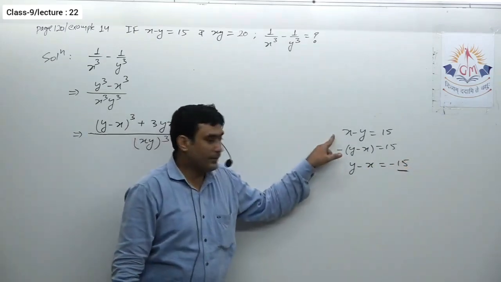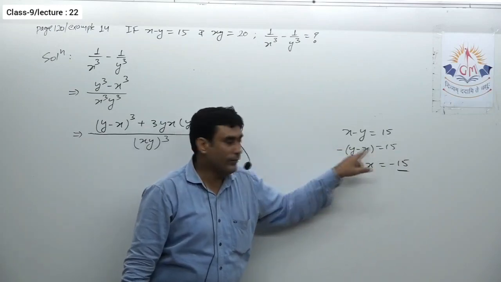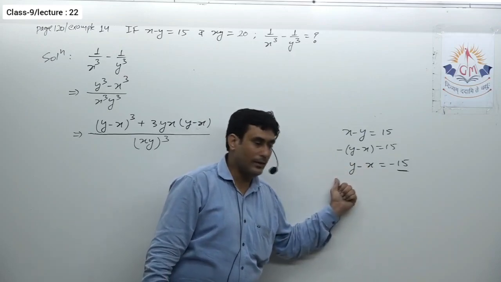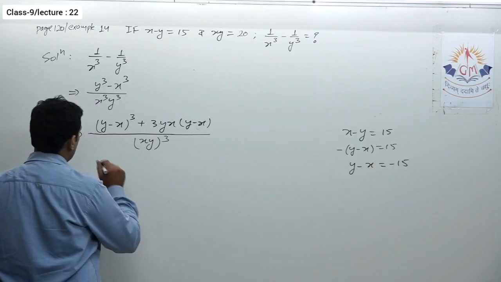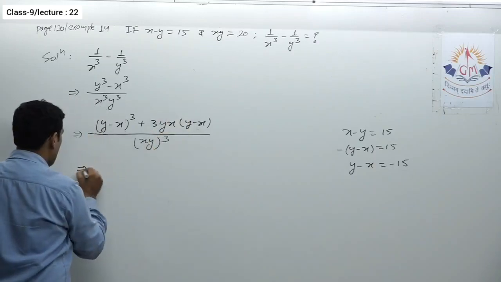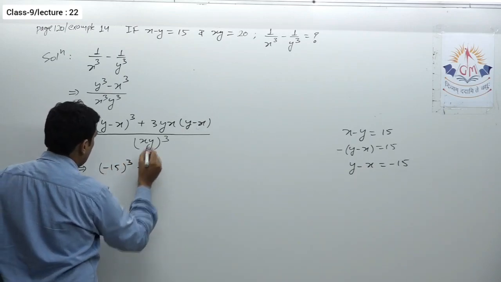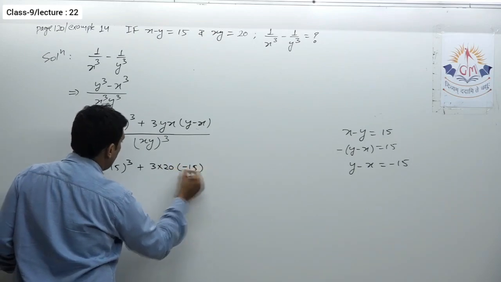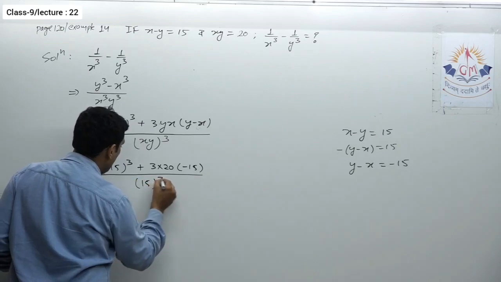Multiplying both sides by minus sign, I get minus 15. xy and yx are the same thing. So here, minus 15 cube plus 3 into 20 into minus 15, whole divided by 15 cube.